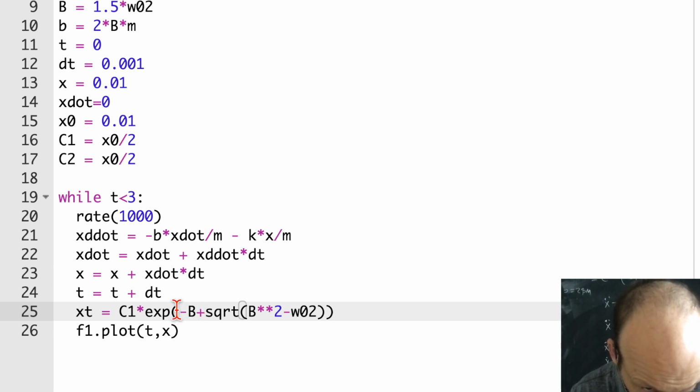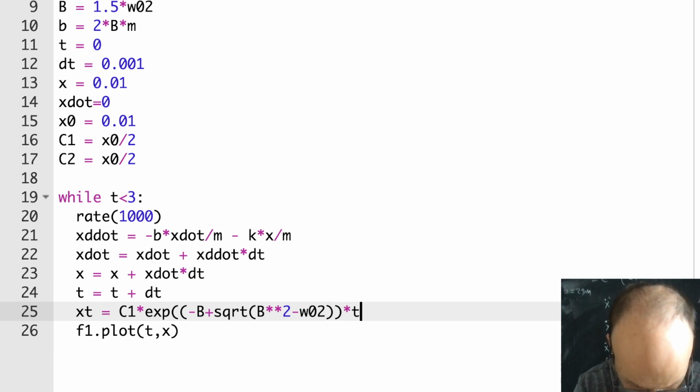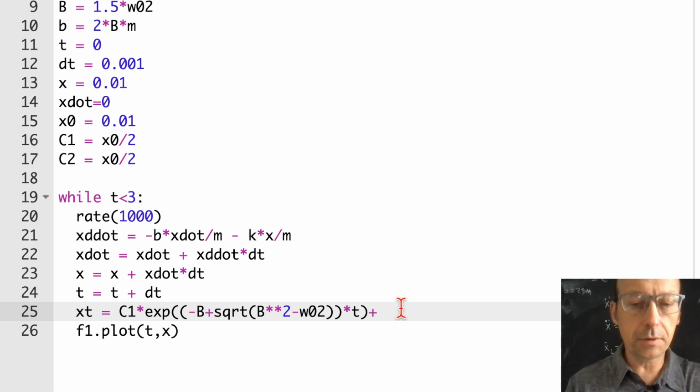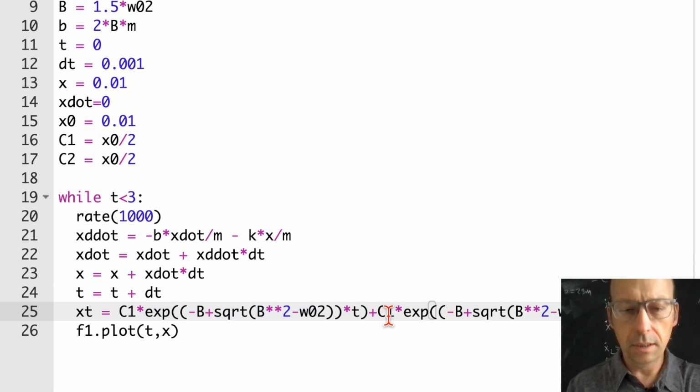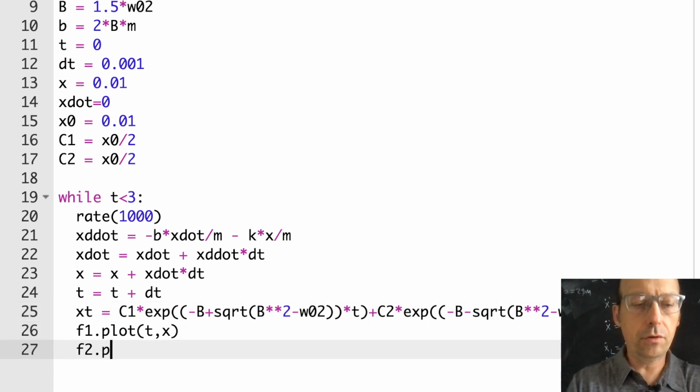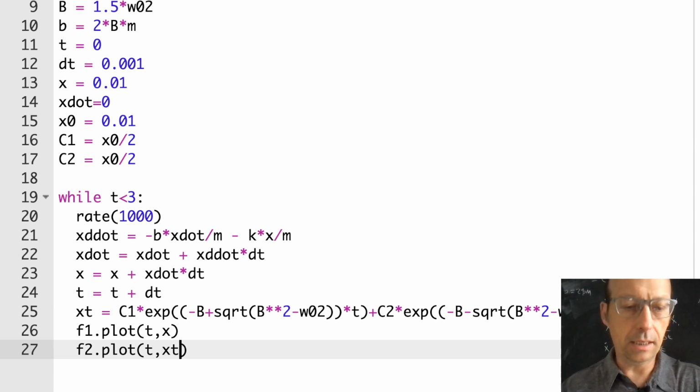Okay, actually, this whole thing multiplied by t. Right. And then I have the same thing, plus C2. So I'm going to copy this whole thing because I don't want to type it. C2, and the only difference here, this is a minus. Okay, and now let's plot that. F2.plot(t, xt).